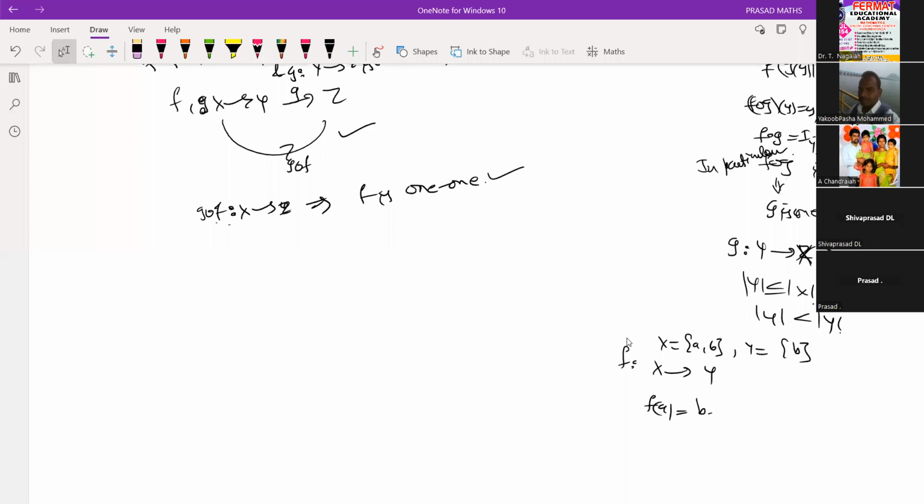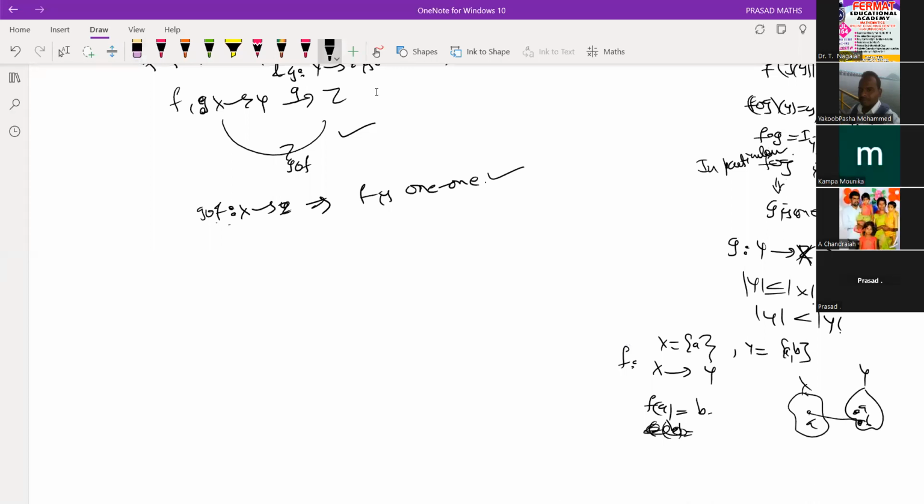Is it a 1-1 function? So I have given f of a equals b. What is my set? My set is a. This is my a, this is my b, right? A goes to b. X is equal to the singleton {a}, y is equal to {a, b}. My function is f of a equals b. Think, is it a 1-1 function?